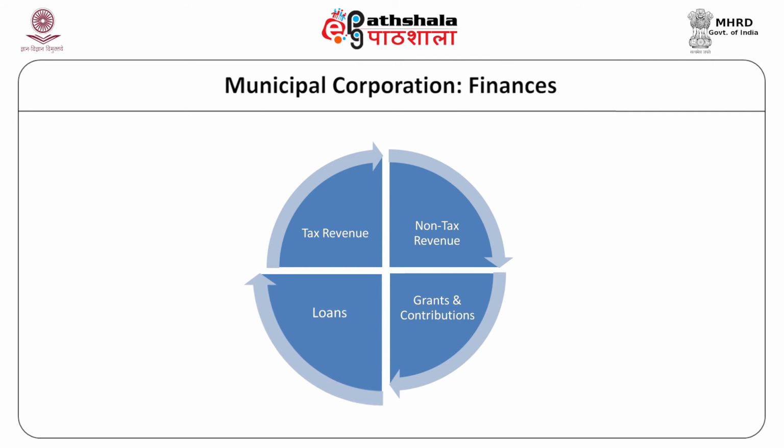Local bodies can raise loans through the local area, or certain loans are floated by the higher levels of government. These loans can be used for making permanent sources of revenue like marketplaces, which given on rent can be a constant source of revenue for the municipal corporation.